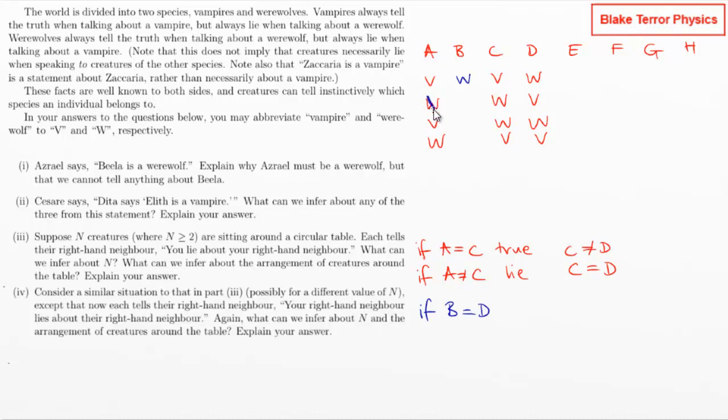So here we'd be saying V and V and W, like we worked out from the first bit, and then we'll say that one is different. So we've got B is equal to D, or B is not equal to D.